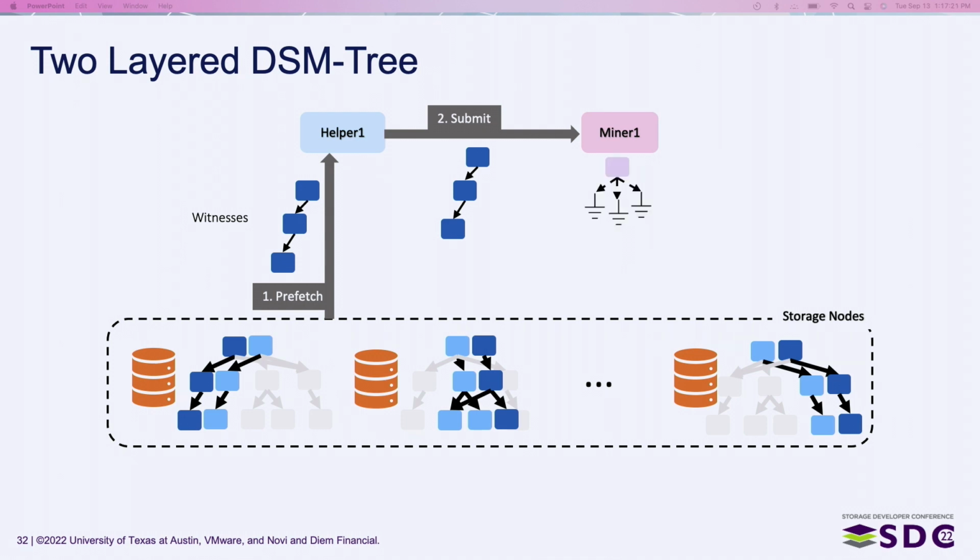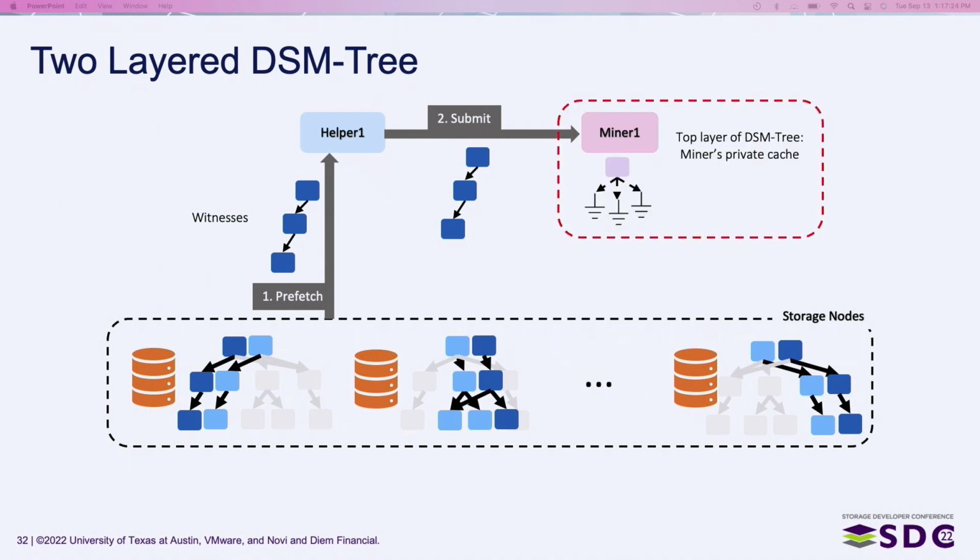So the top layer of the DSM-TREE, which is the miner's private cache, and the common shared sharded bottom layer of the DSM-TREE in the storage nodes, can both collaborate with each other to reduce the amount of data that is being prefetched and transferred over the network.